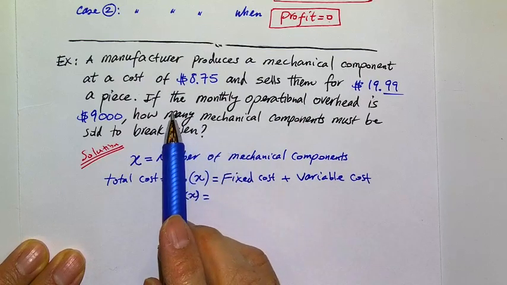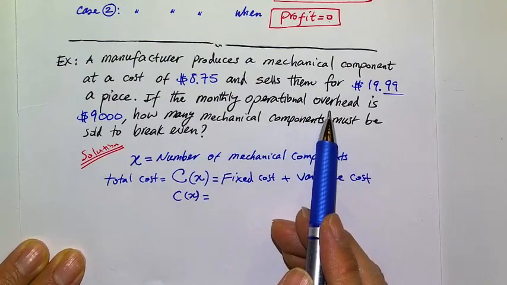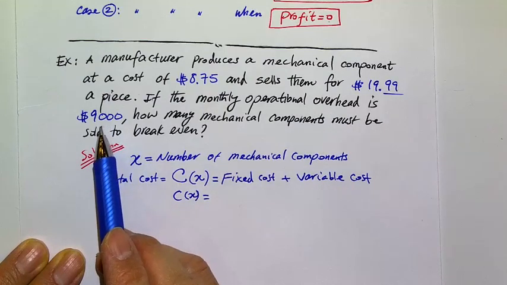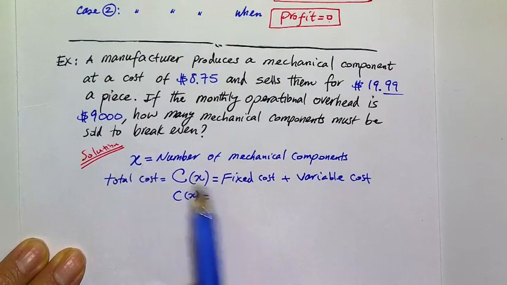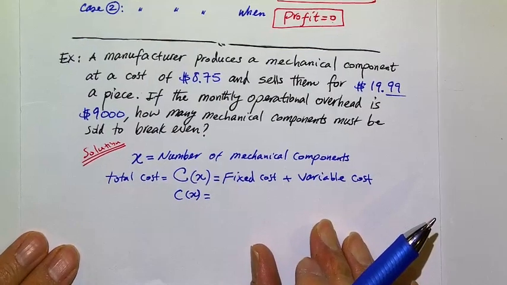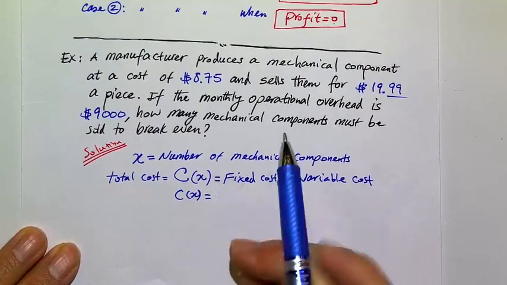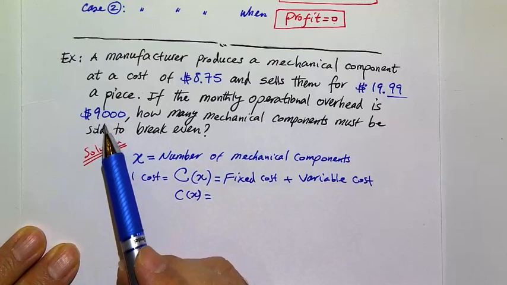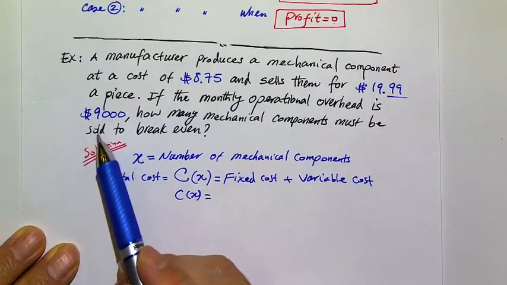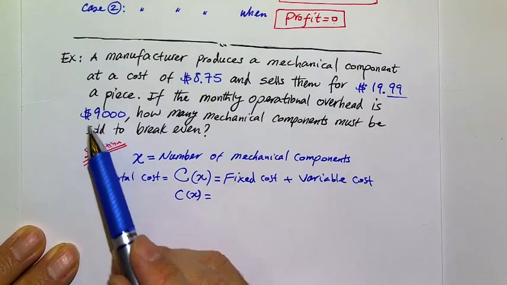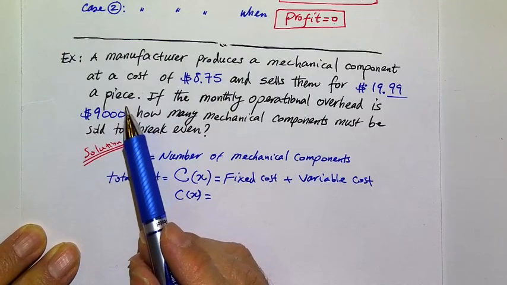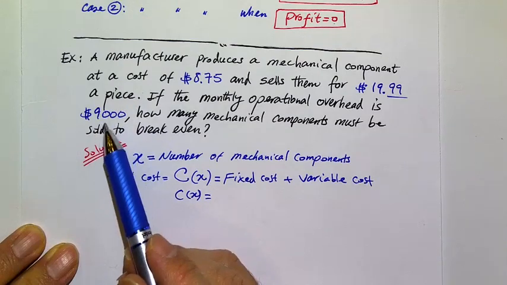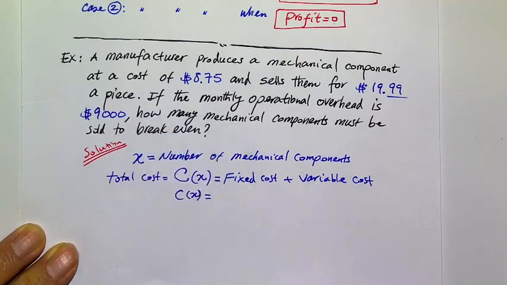Notice that it says the monthly operational overhead is $9,000. This is always taken as a fixed cost because it doesn't matter how much you produce of these components, you're still paying the rent for that building, or the costs for operating the equipment and the building and the utilities, water, electricity, internet.